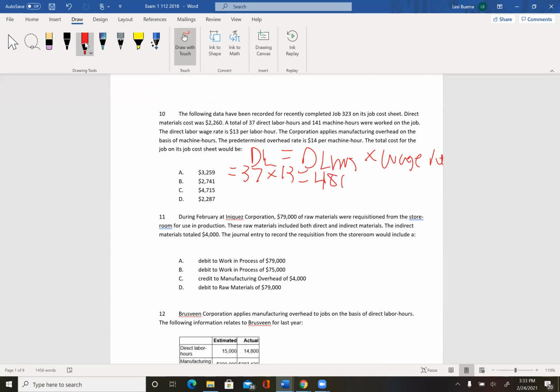And then we're going to have to find the manufacturing overhead cost, which is machine hours times the predetermined overhead rate.